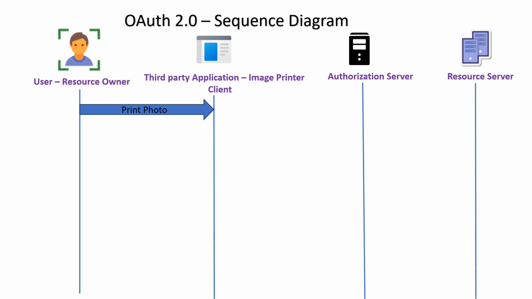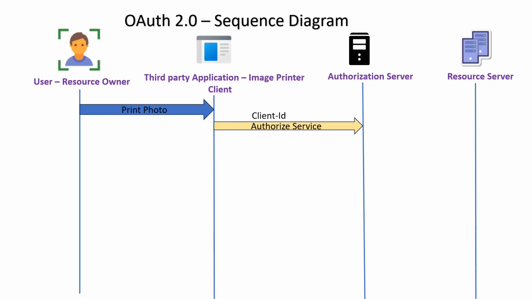Now, the third-party application has to access the resource server, but it cannot reach that server directly. It has to first communicate with the auth server, right? So it will say, I am sending you a request to authorize me on behalf of the client.